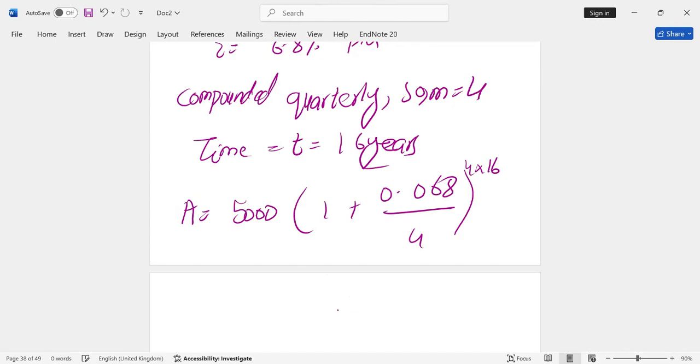We have to calculate the effective rate per period and the total number of compounding periods, and then find the final accumulated amount. Let's solve the equation.